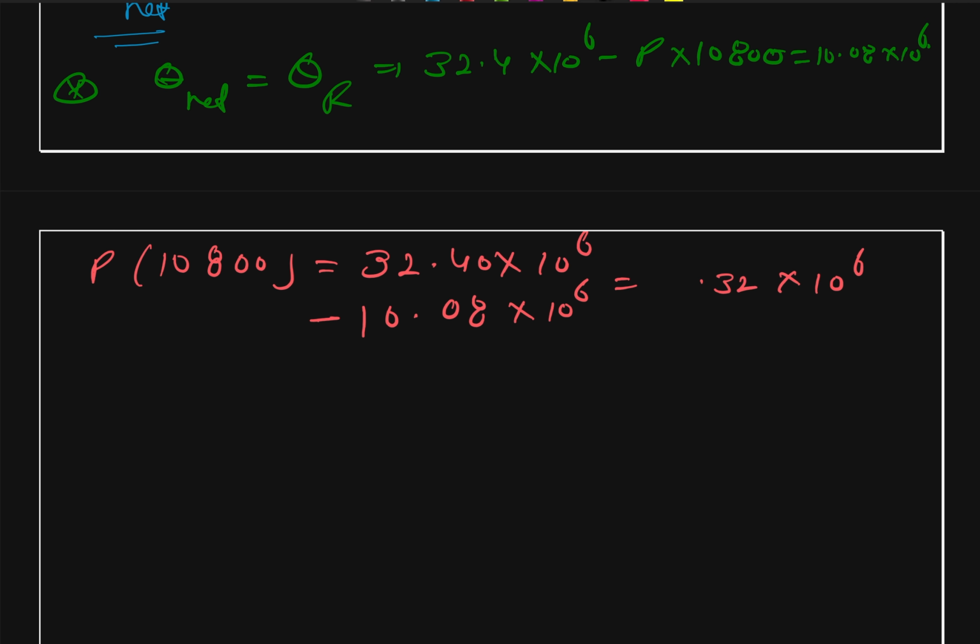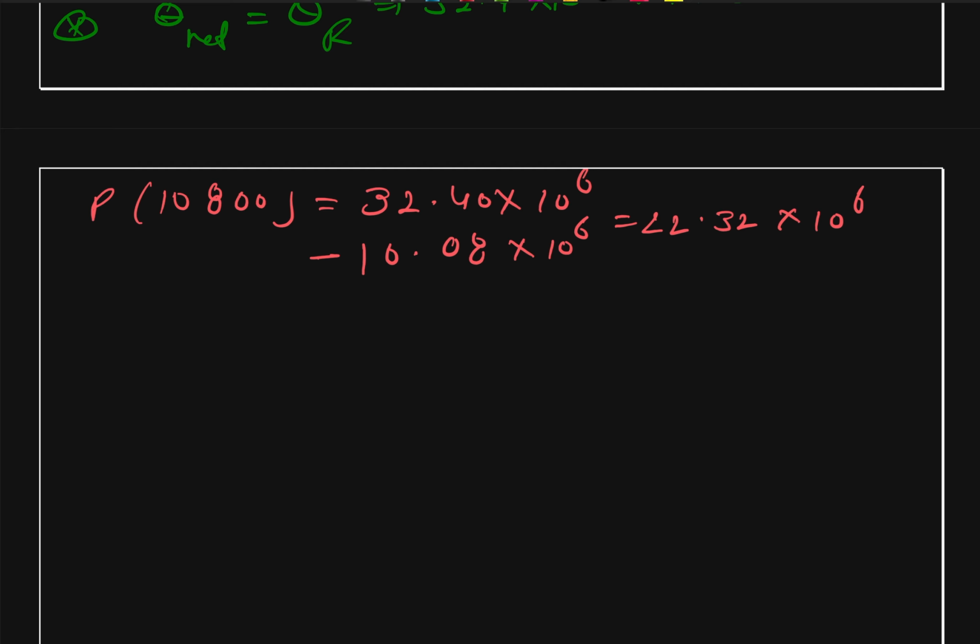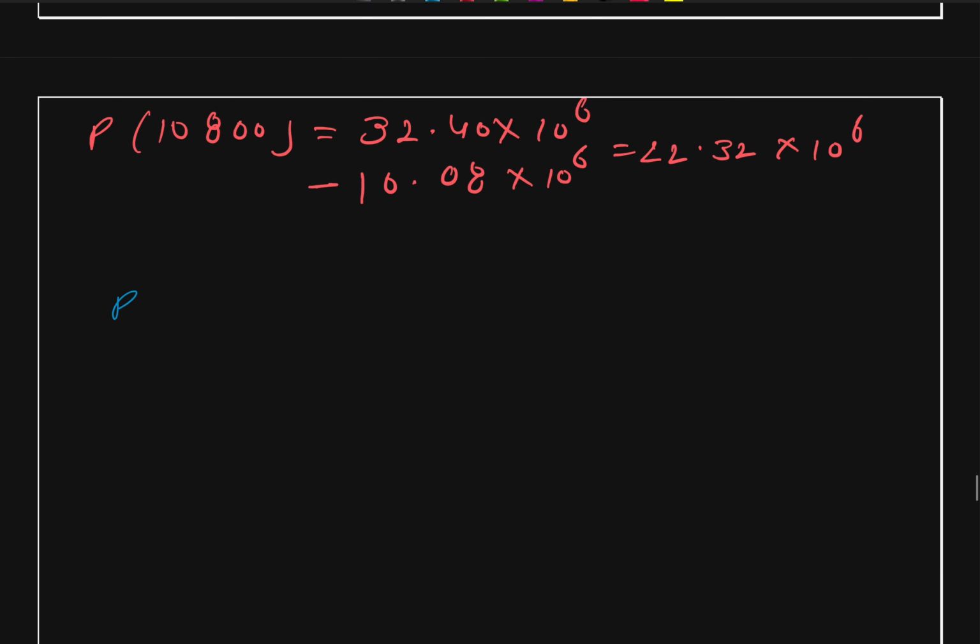Therefore P will be equal to 22.32 into 10 to the power 6 divided by 10800, okay, and this will be approximately equal to 2067 watts.